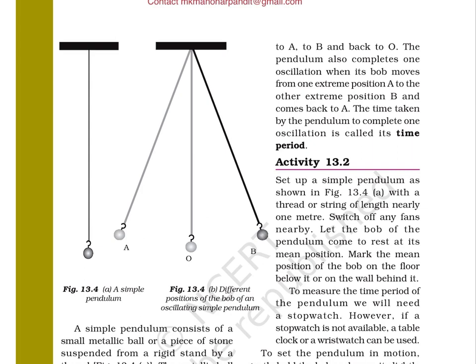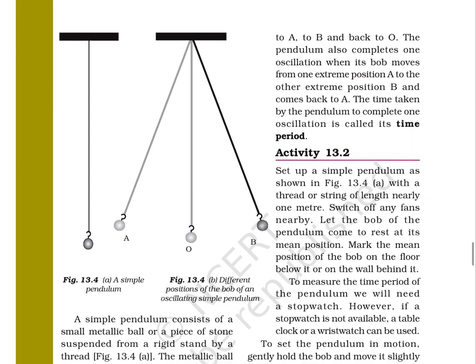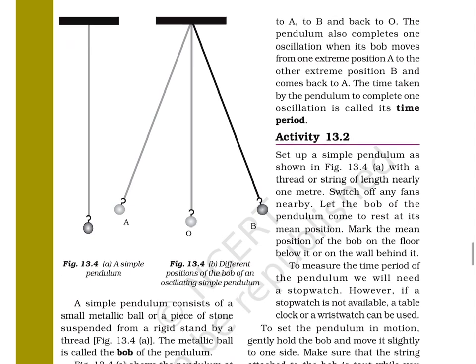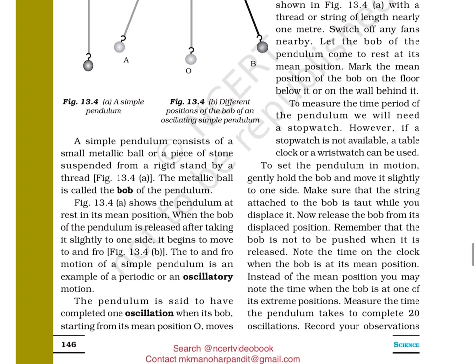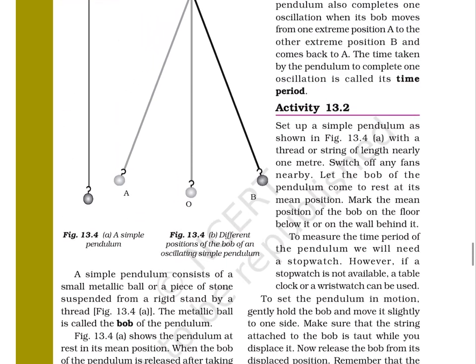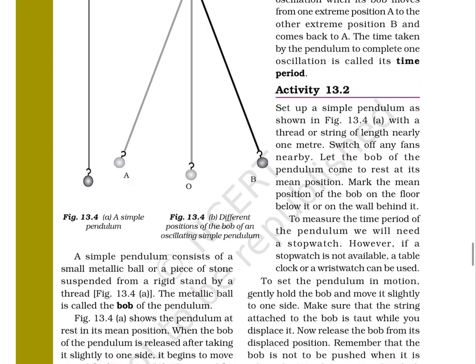Figure 13.4b. Different positions of the bob of an oscillating simple pendulum. Here, we can observe the pendulum at position O, which is almost at a 90-degree angle, position A, which is in the left direction of O, and position B, which is in the right direction of O.